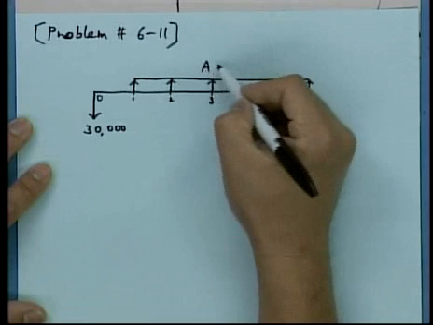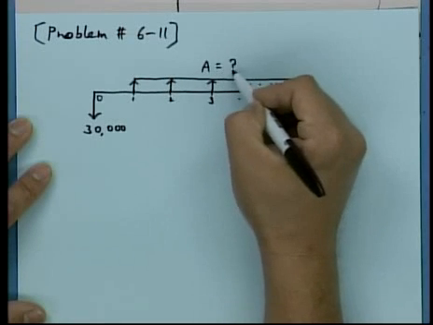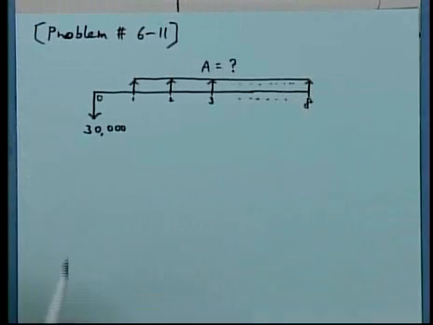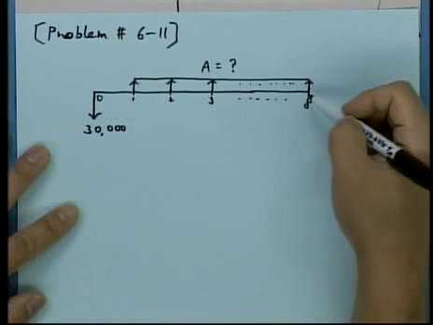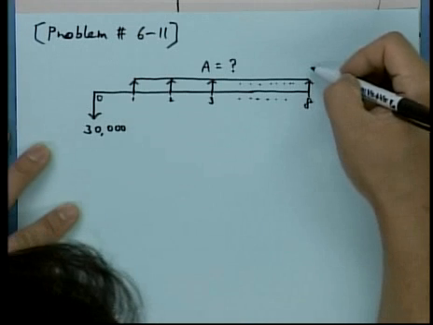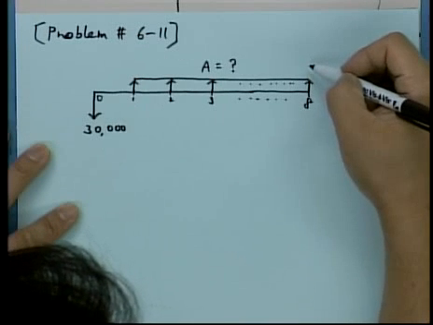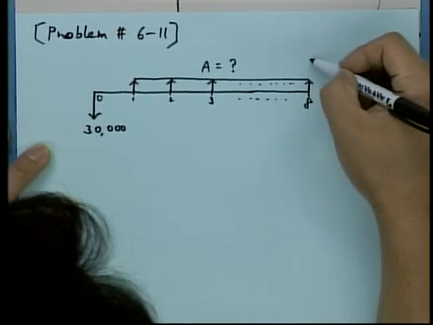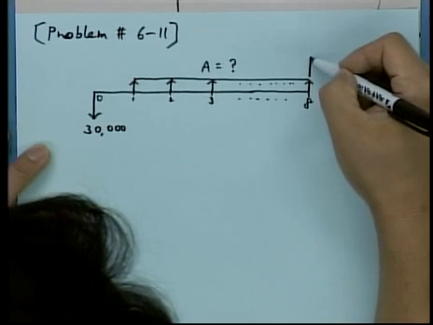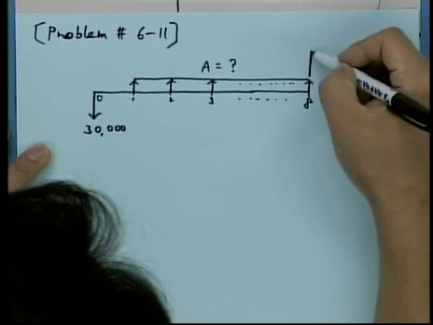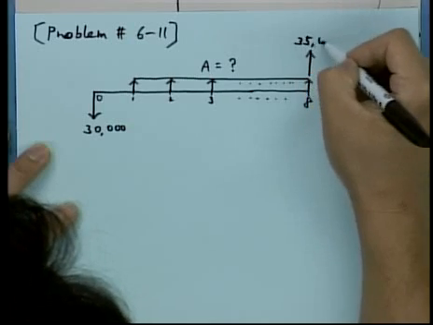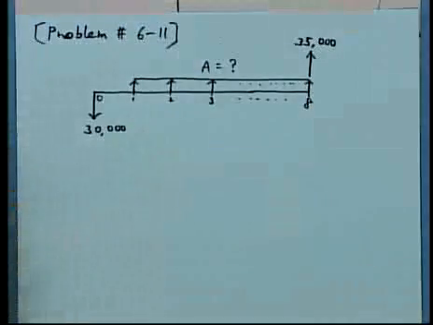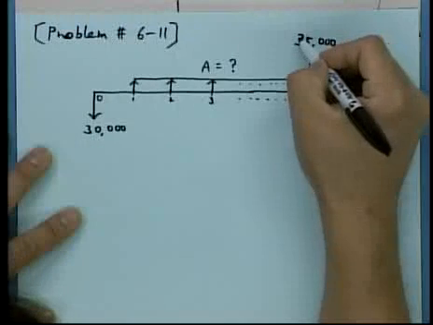And at the end of year 8, there is a service value of $35,000, or it is worth $35,000 at the end of year 8. So you need to put 35,000.